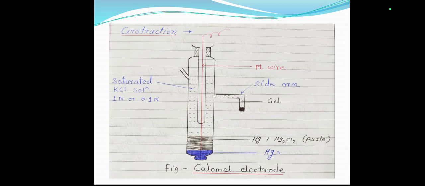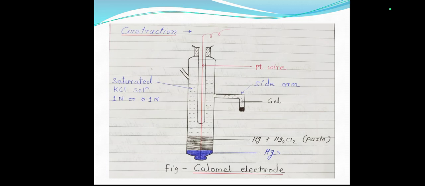And the remaining portion, as I have labeled, of the tube is filled with saturated KCl solution. We are not taking 1 normal or 0.1 normal, simply remember saturated KCl solution.